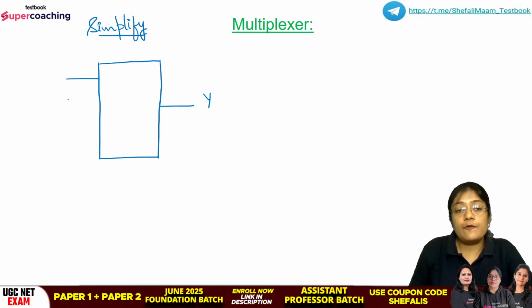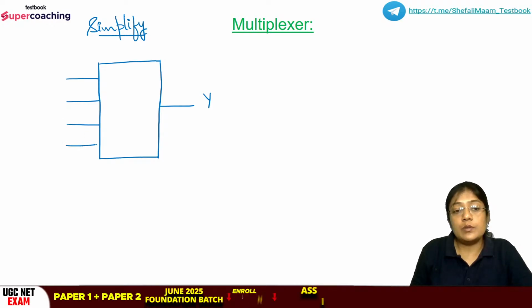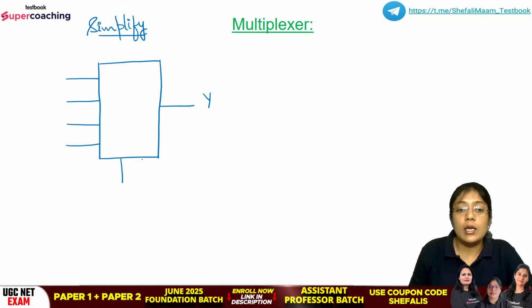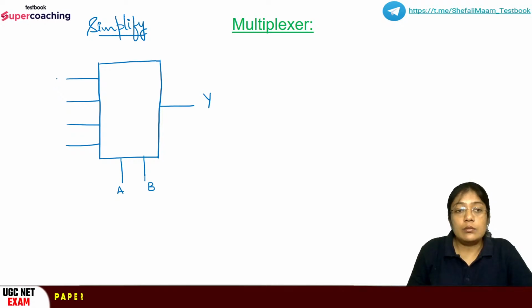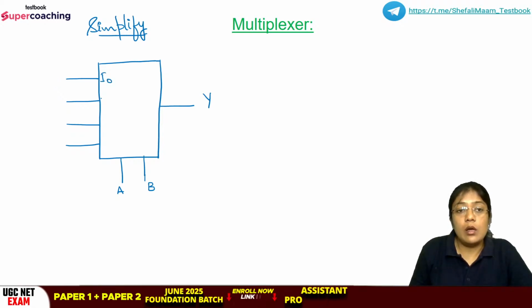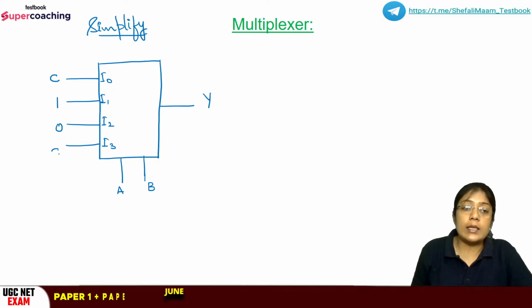So there are 4 inputs. 4 inputs means we have 2 select lines. This is A, and this is B. I0, I1, I2 and I3. Here we are getting C, 1, 0 and C complement.